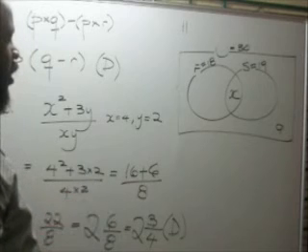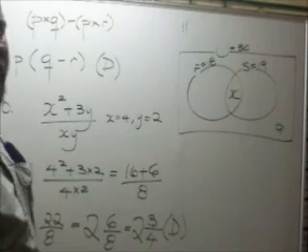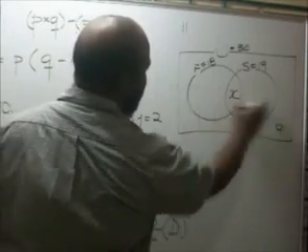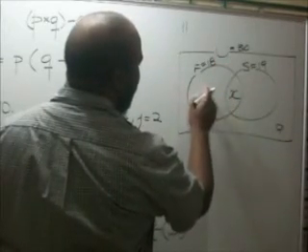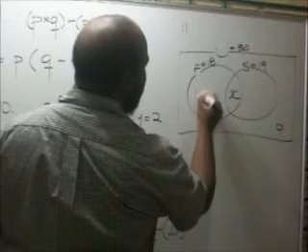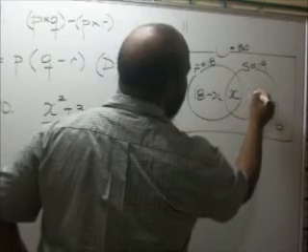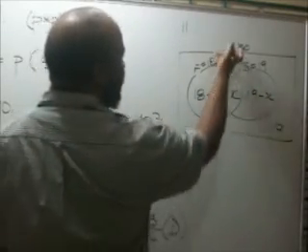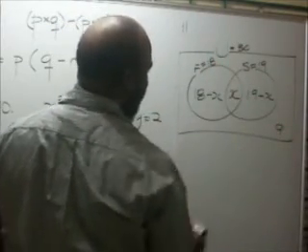Let's call it X. Whenever we have two sets intersecting like that, the number of elements over here is going to be 18 minus X, and the number of elements over here is going to be 19 minus X. And the number of elements in the universal set is going to be the number of elements in here plus the number of elements out here.